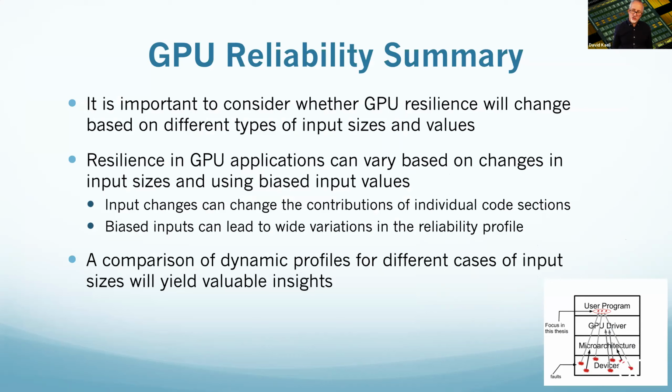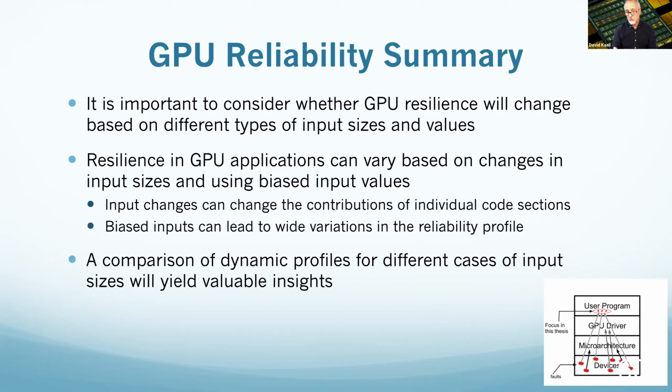So just to summarize, if you're working on GPU reliability in your work, here are some things that you should consider. You have to understand the sensitivity of your experiments in terms of different types of input sizes and values. We saw that the input sizes and bias can change the profile of your reliability.